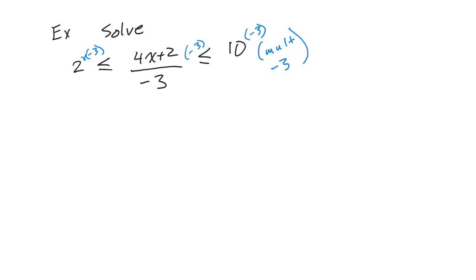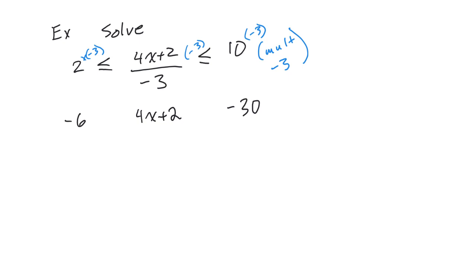By doing so, you're going to get -6 for the outside term. Then you're going to get 4x plus 2 for the middle term and -30 for the end term. Now, I'm going to highlight this in red so that you see it. Now, remember, when we multiplied or divided by a negative number, it flipped the equality sign.